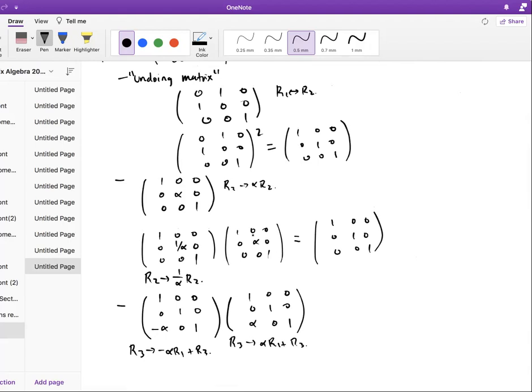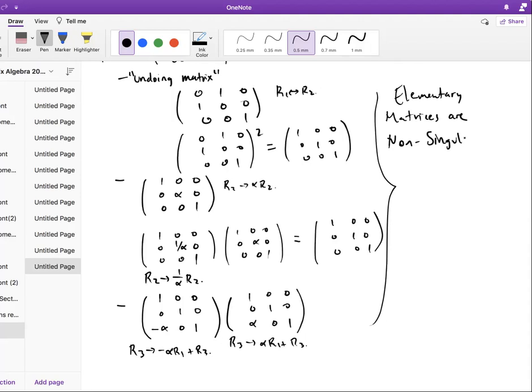Right, so any questions on these inverses? So right now, already, you can see that every single elementary matrix is non-singular. So this is something that will play a role later.